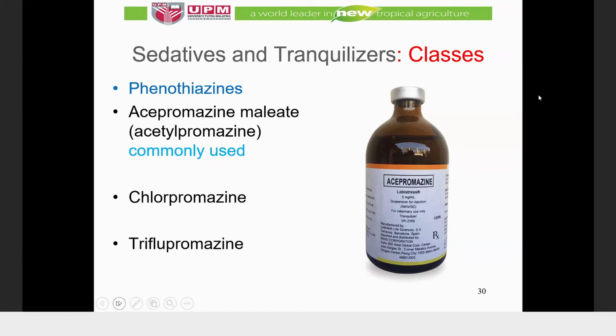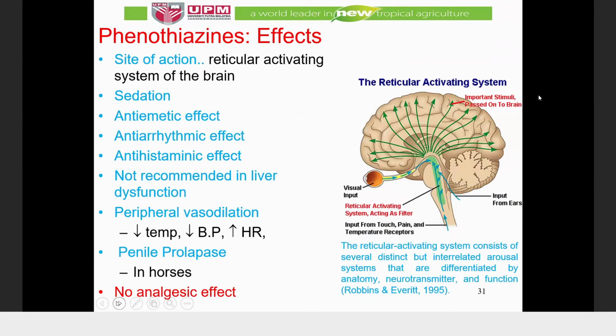Okay, how do the phenothiazines work? Their site of action is the reticular activating system. What are its characteristics? It causes sedation, so it is a sedative.